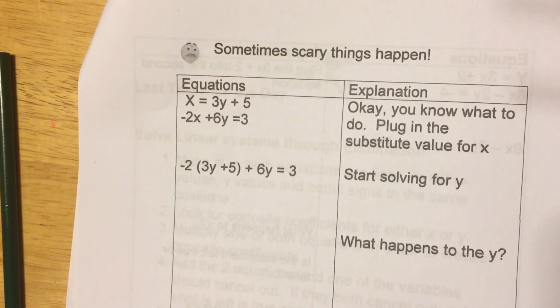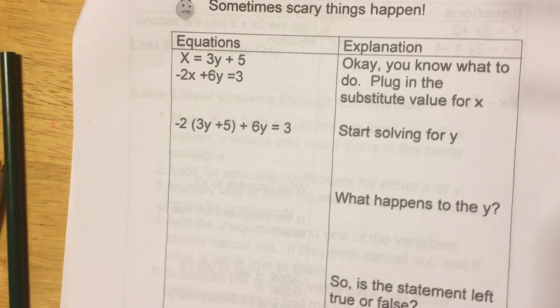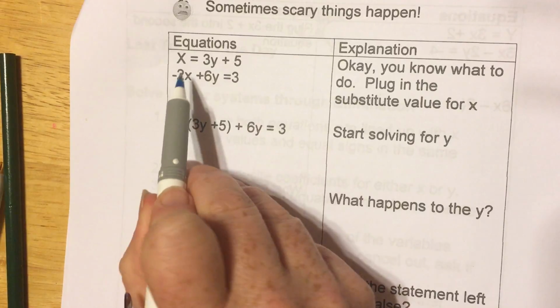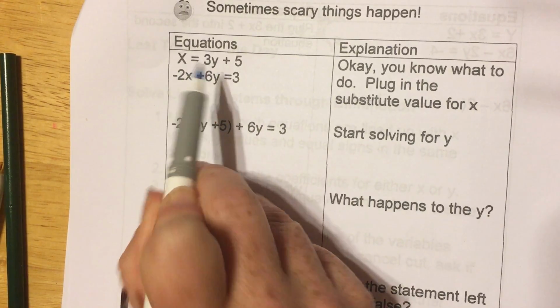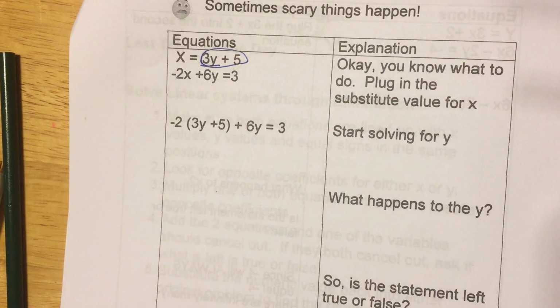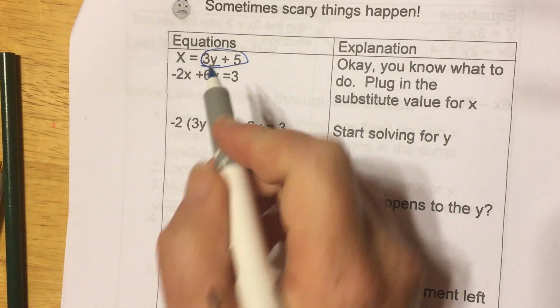All right. Now, there's sometimes some scary things that happen, and I want to address those. So I'm going to show you what happens. Here I have an x that's alone, 3y plus 5. So I've already got a blob started. Now, instead of plugging it in for y, I'm going to plug it in for x.